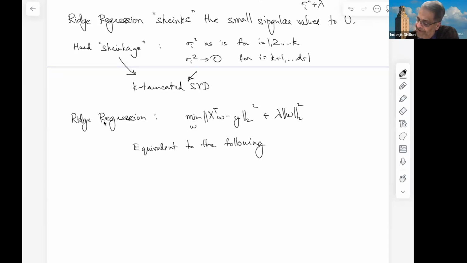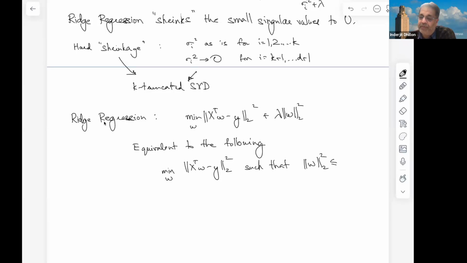Okay, so take the same objective as least squares regression, but then you say, I don't want my coefficients to grow too much.